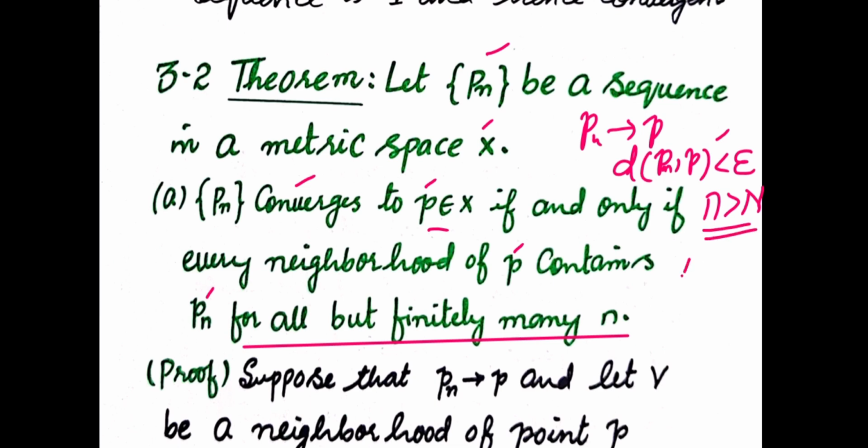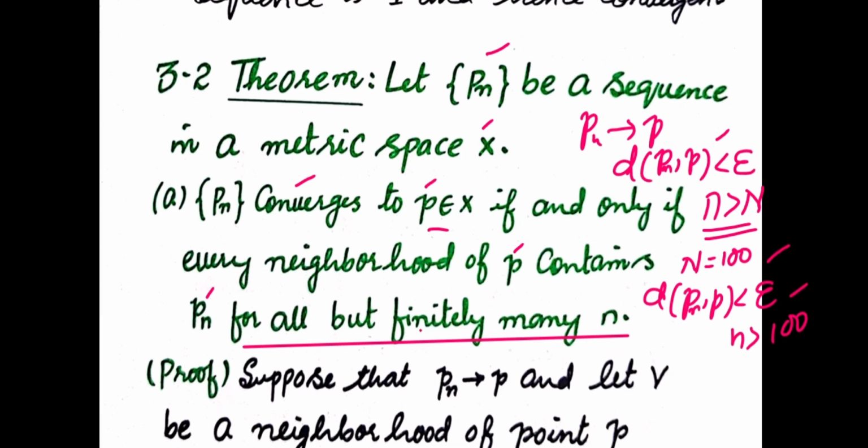For example, if you take N equal to 100 and you say this inequality holds for some positive real number epsilon when your n is greater than 100, so for every n that is greater than 100, this inequality holds.